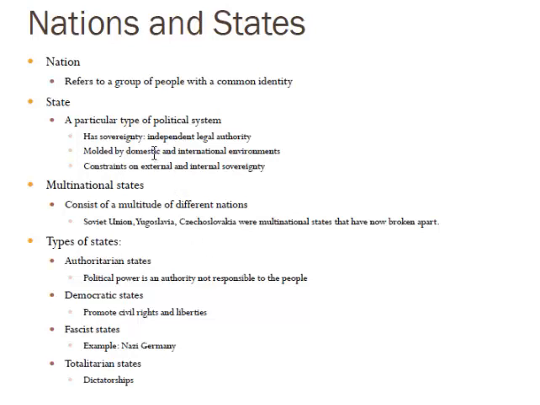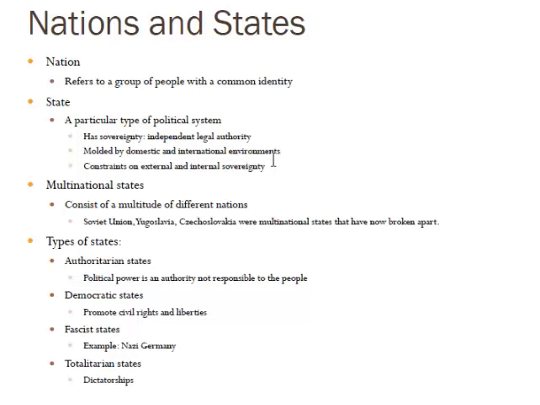A state, on the other hand, is really what we think of as a country, a type of political system. It has its own independent legal authority, which means that it can make laws within its own borders. It is molded by domestic and international environments, which means within itself and other organizations and other countries from the outside have influence on it.